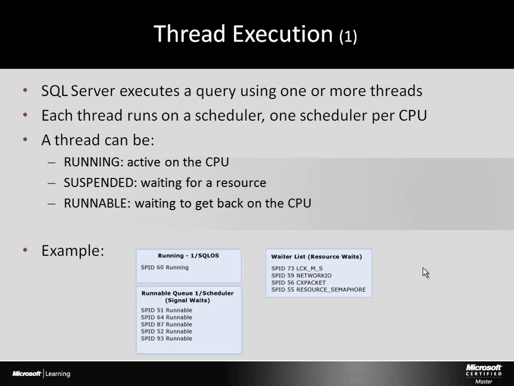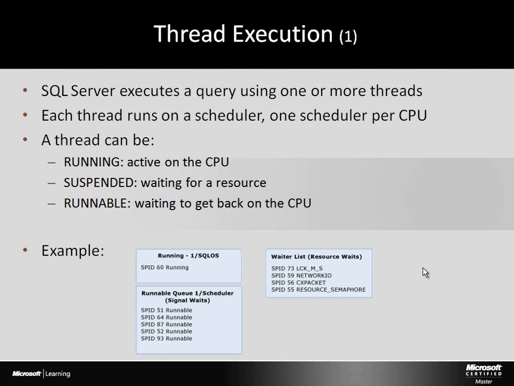So let's have a look at how threads execute inside SQL Server. There are three different states that a thread can be in. It can be running, which means it has a CPU and it's running right now on the CPU. It could be suspended, and there is a list of threads that are suspended waiting for particular resources. The list is completely unordered. There's no guarantee that any one thread is going to be signaled that its resource is now available before anything else.